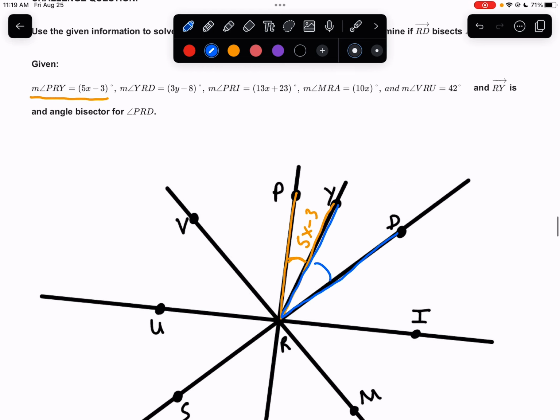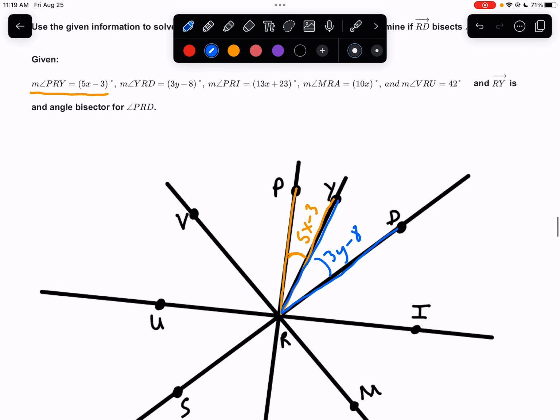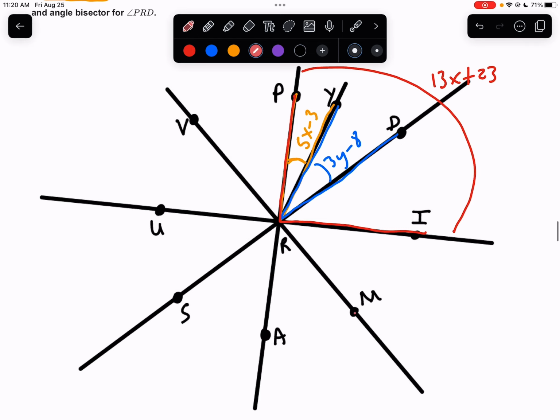And that clocks in at 3y minus 8. PRI. Where's P? PRI, that's all of this. That's this entire thing. Clocks in at 13x plus 23. And then we got MRA. MRA, that's this guy.